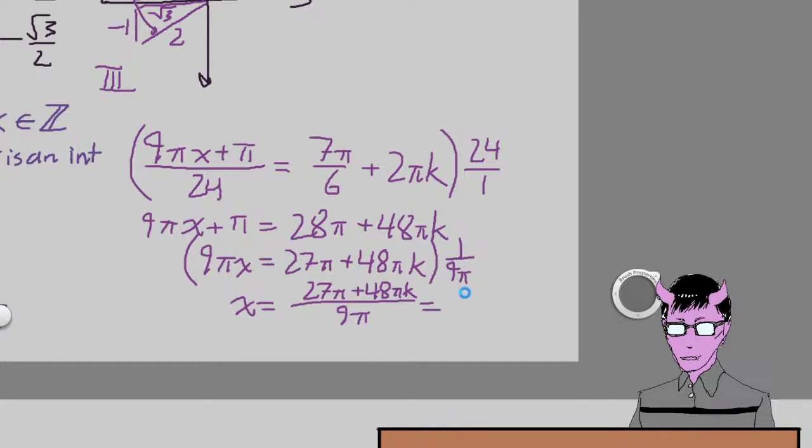So divide by 3 pi, and divide by 3 pi, equal to 16. Oh, I'm sorry, divide by 3, whoops. So this is going to be 3 in the bottom. So a pretty clean answer. There it is. Again, k is an element of integers.